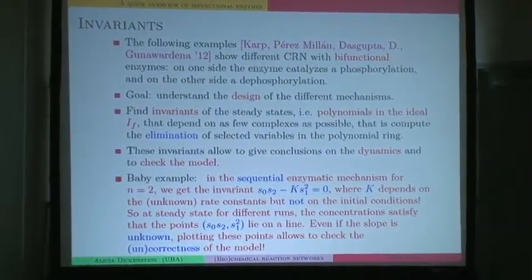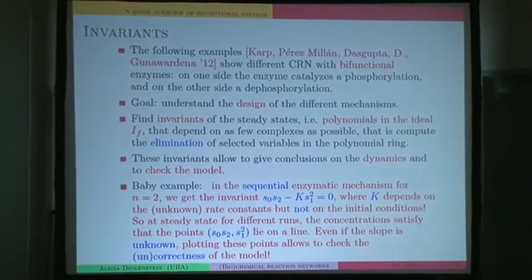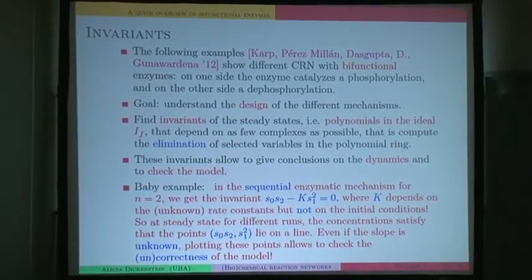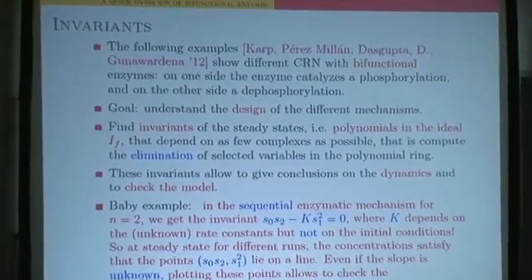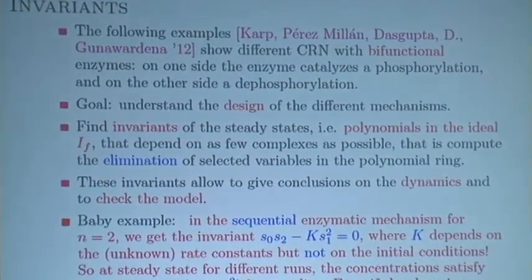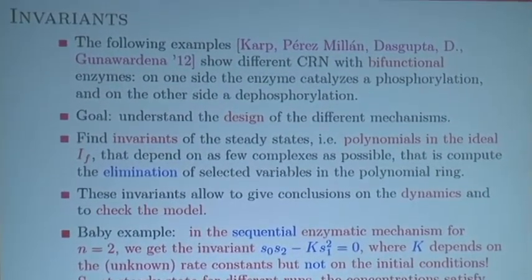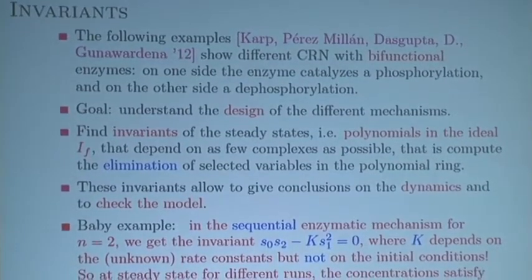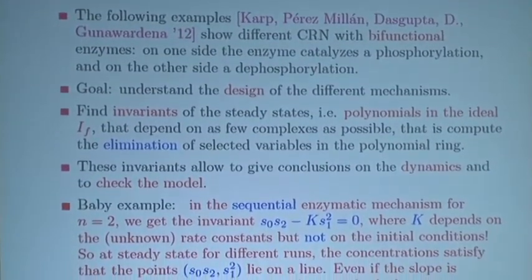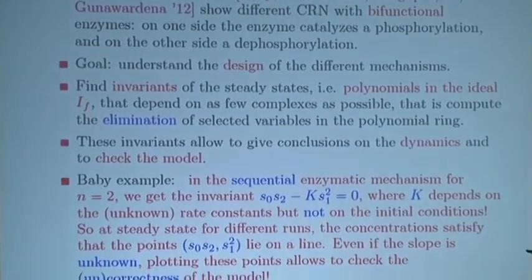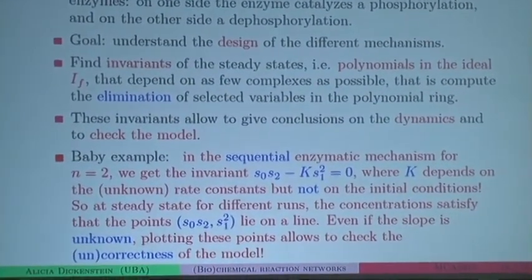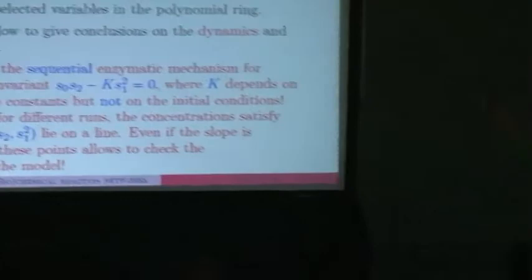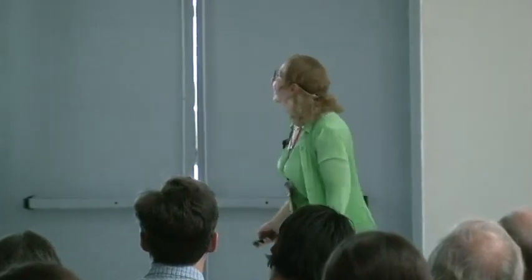We don't know K, because it depends on the rate constants, but this is too simple, okay? What this says is that these points need to lie on a line. So we run the experiment, we measure the concentrations, we plot the points S0 times S2 comma S1 squared, and if they more or less lie on a line, then the model is correct. Otherwise, we have to change our model.